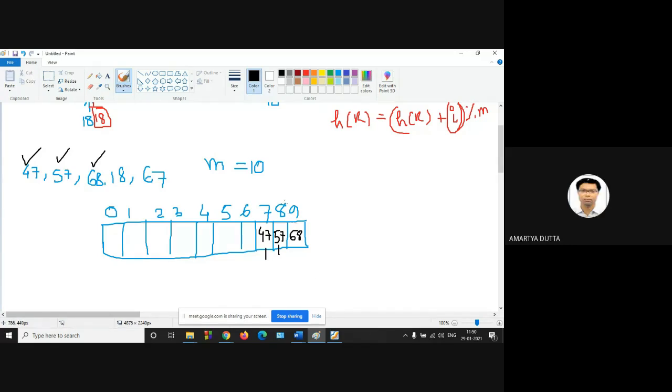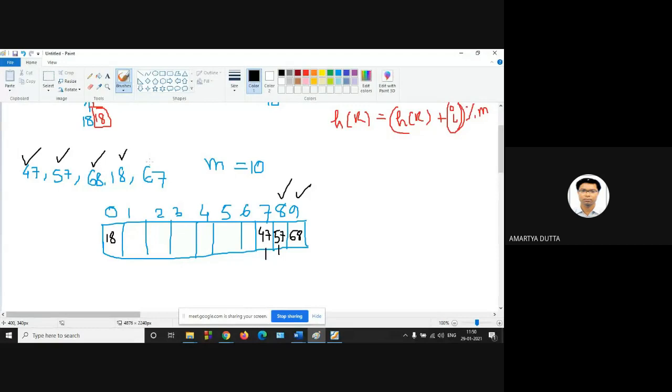This will be the third collision. At 18, this is the first collision, this is the second collision. So 18 is placed here. Previously 2 collisions were there and 2 more, so total 4 collisions.